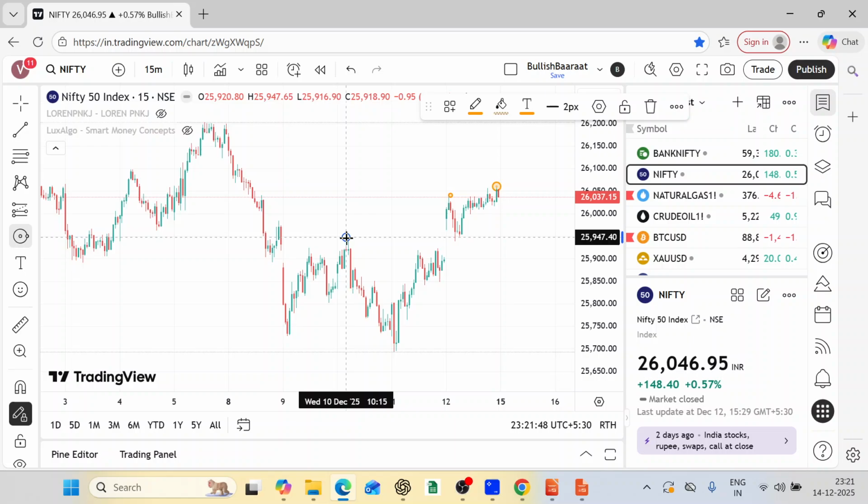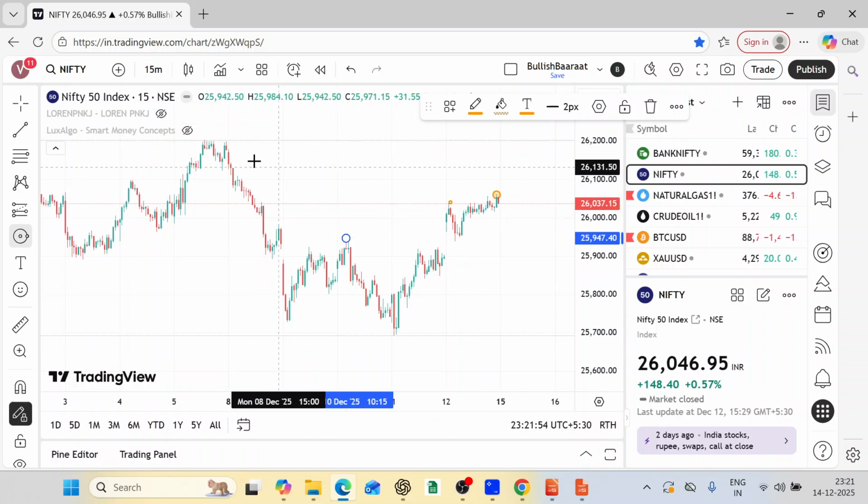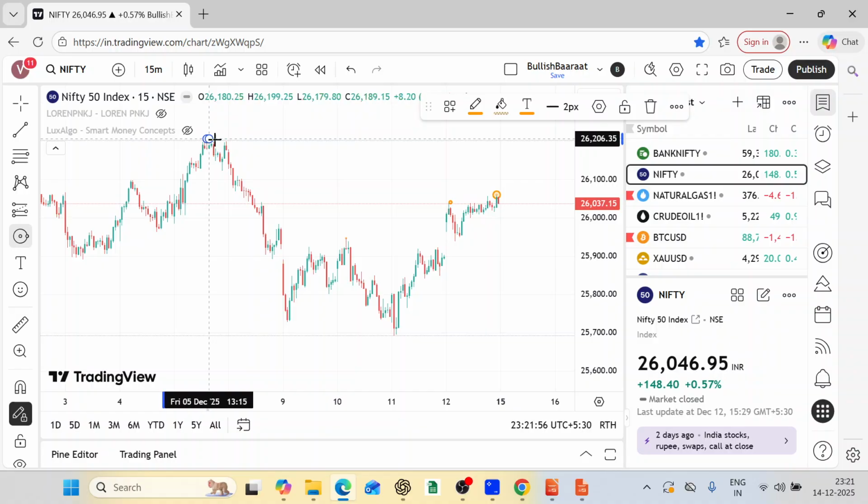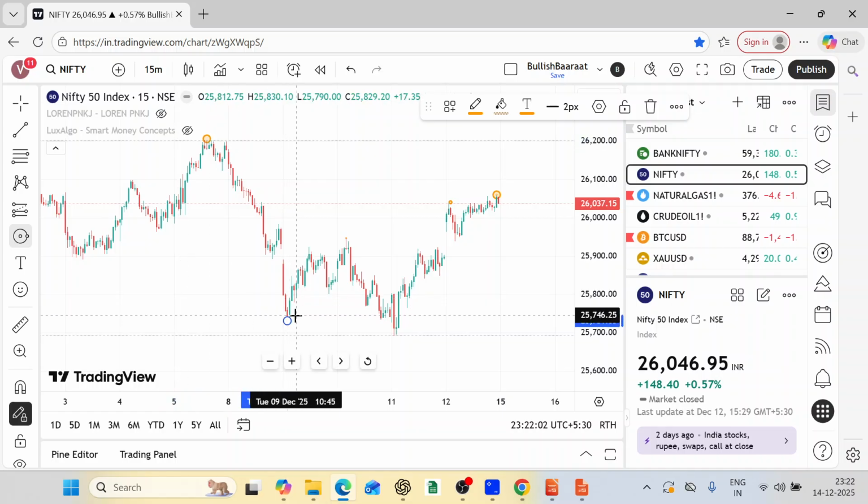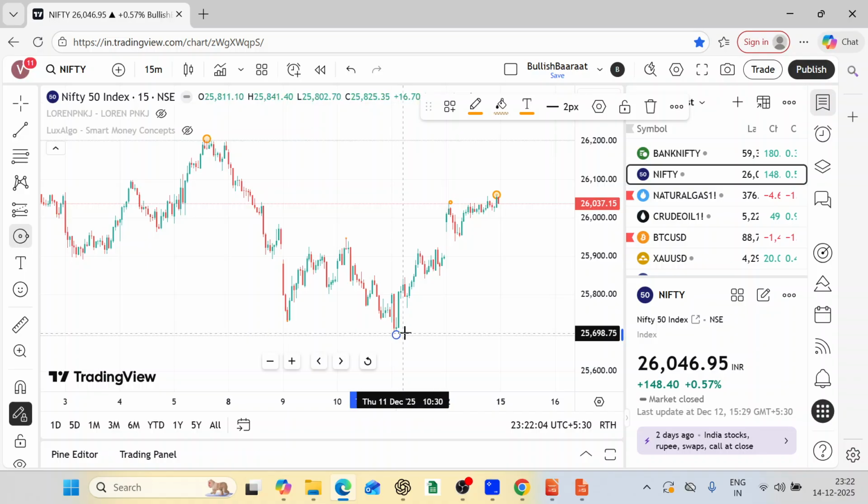And this is a higher high in this point. And here if you come down, you'll see these are the higher high points. And now the lower low points: this is a lower low point, this is a lower low point. So these are the lower lows, and these are the higher highs.